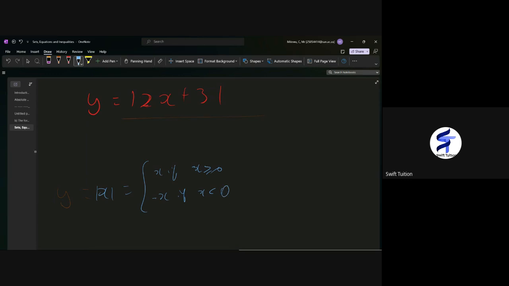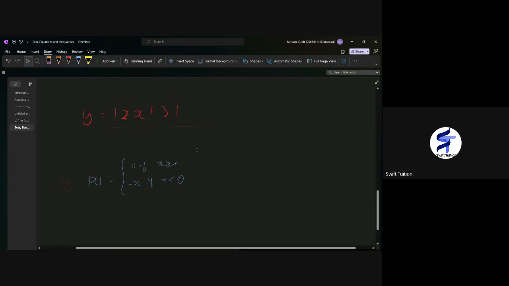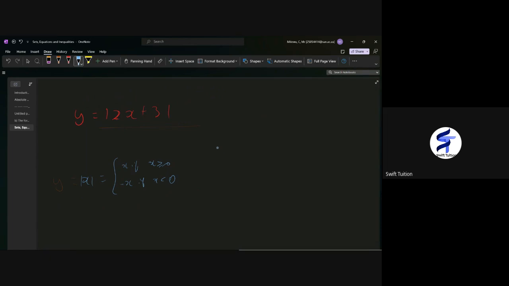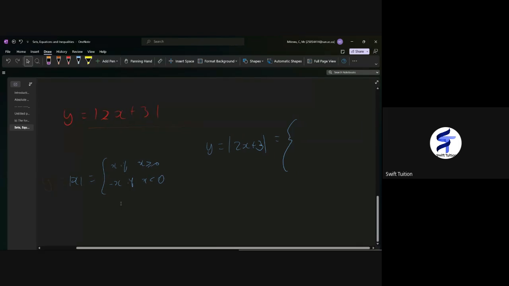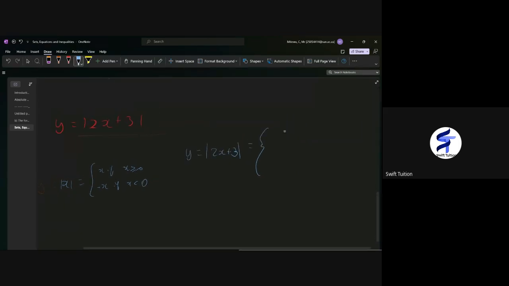All right, cool. So let us have a look at how that looks over here. In this particular case, y is equal to the absolute value of 2x plus 3. If the expression itself, that 2x plus 3, was already positive, then nothing has to change. It's going to stay 2x plus 3, if 2x plus 3 was already greater than or equal to 0.